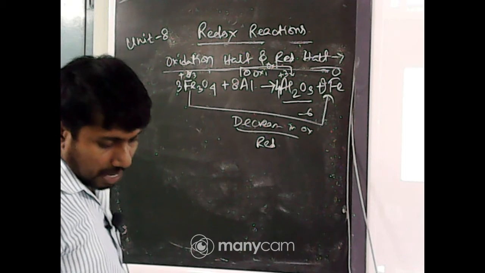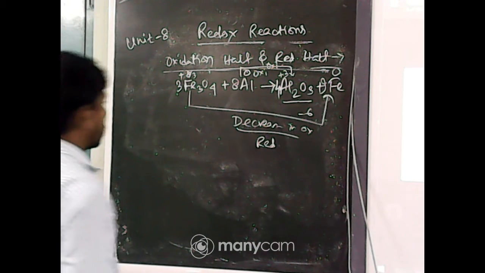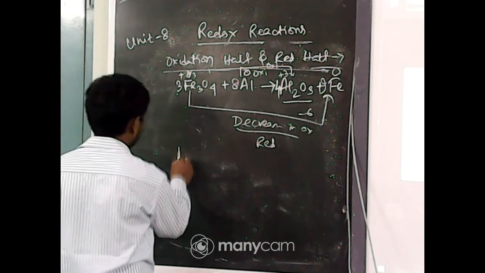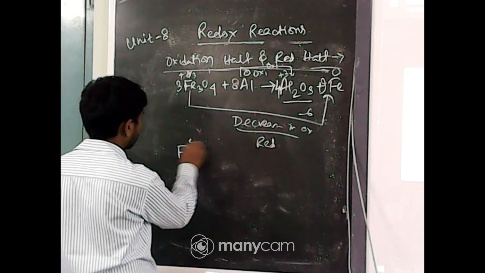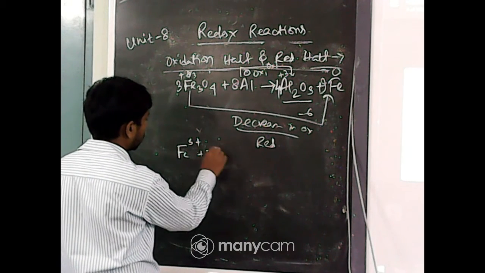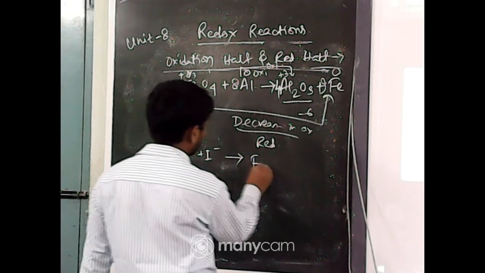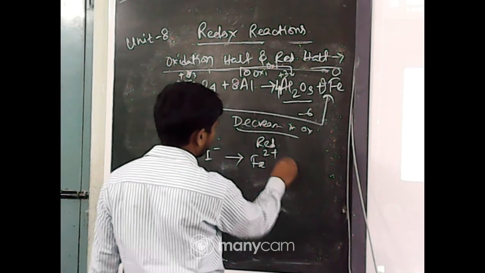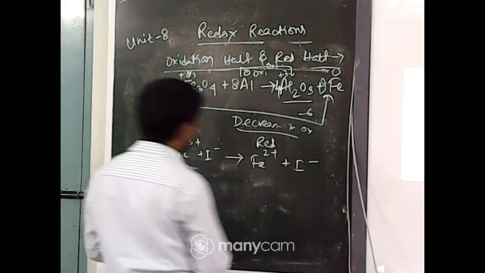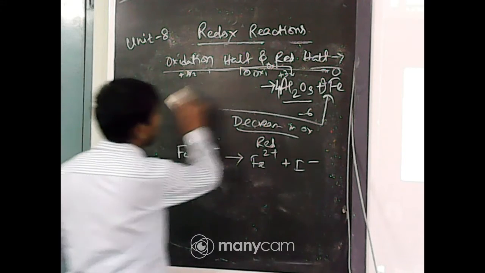Fe3+ plus I- gives I2 plus Fe2+. This is called an ionic equation.